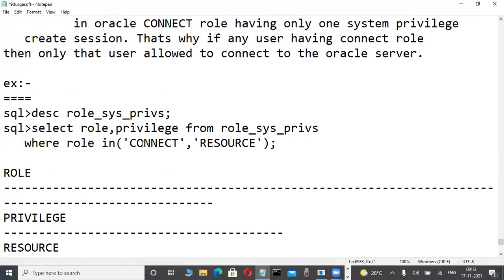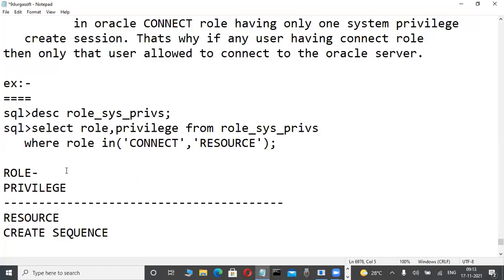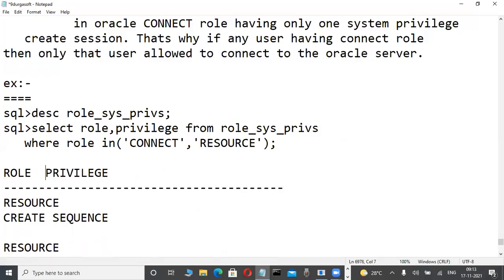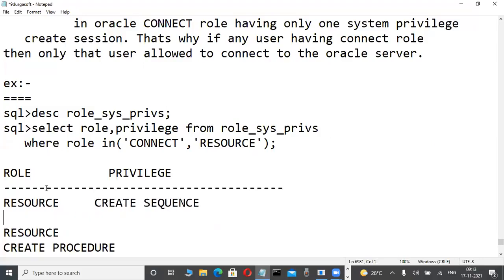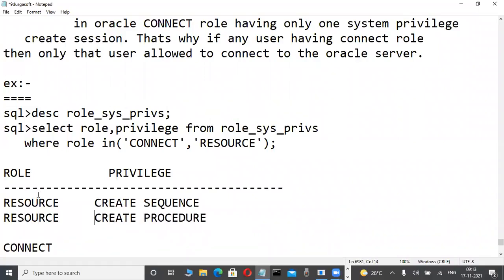Connect and resource in capital letters, because if you want to retrieve data from the data dictionary, after the equal sign capital letters are compulsory, no? Yeah. Some privileges, some roles: the resource role like this, the connect role like this. Create container is an extra concept in version 12c.